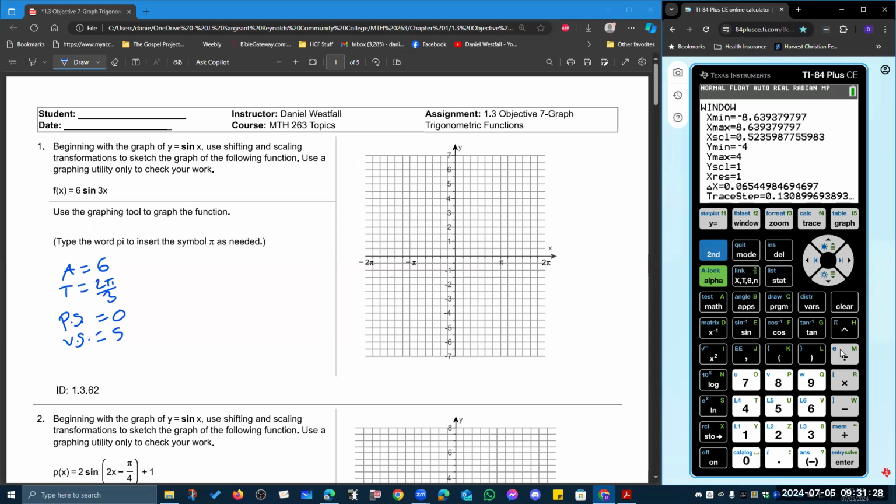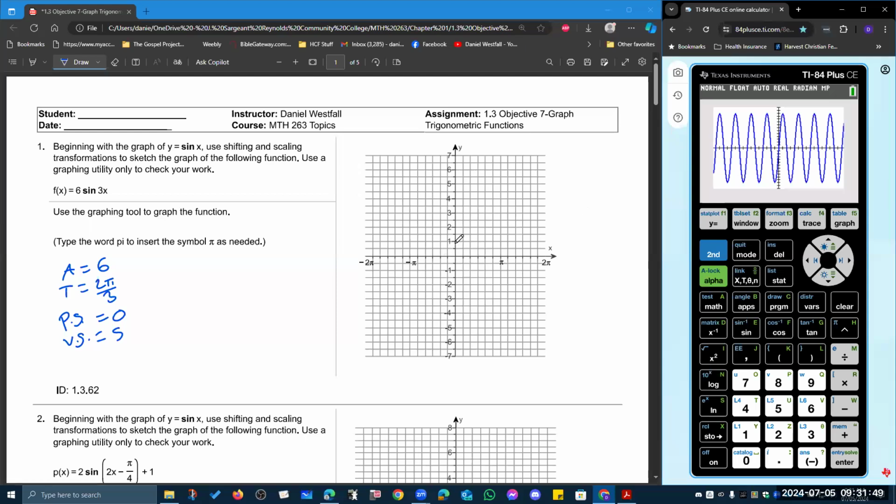And you're going between negative 7 and 7 this time, by 0.5s. There you go. That'll match exactly with what your answer should look like now.